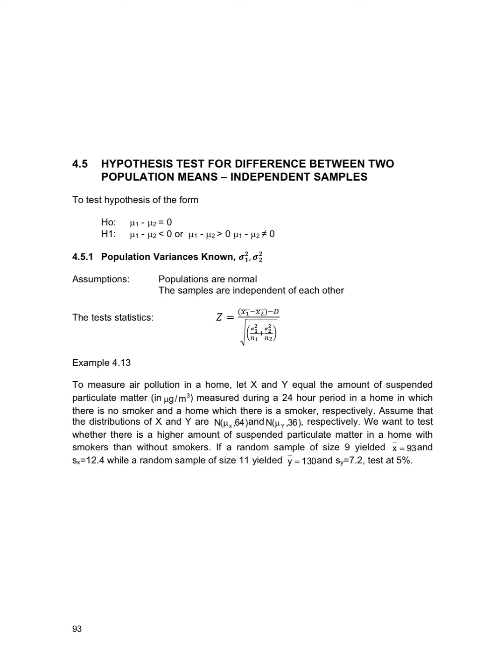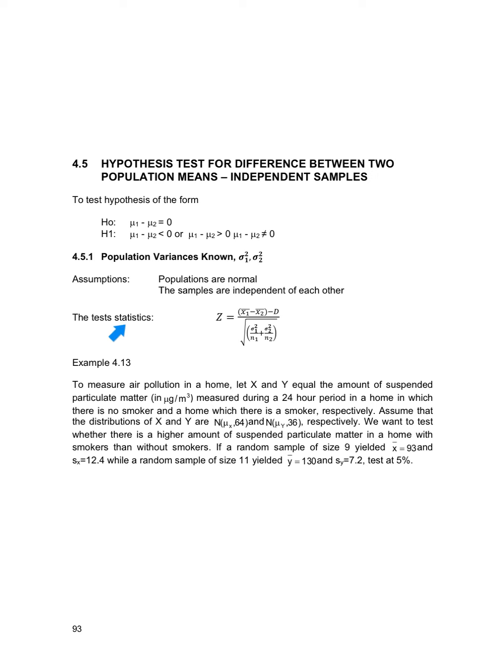and two tail test. The assumptions for case number 1, where the population variances are known: both populations are normal, and the samples are independent of each other.